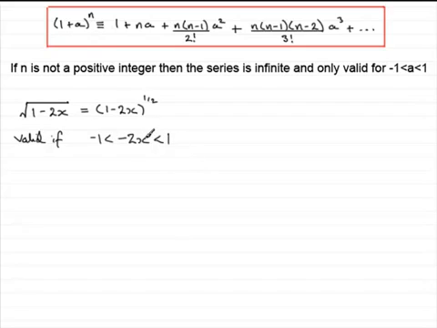Now what we need to do is find out about x, not minus 2x. So I need to remove this -2, and what I can do is divide throughout by -2. In other words, we've got -1 divided by -2, which is plus a half.